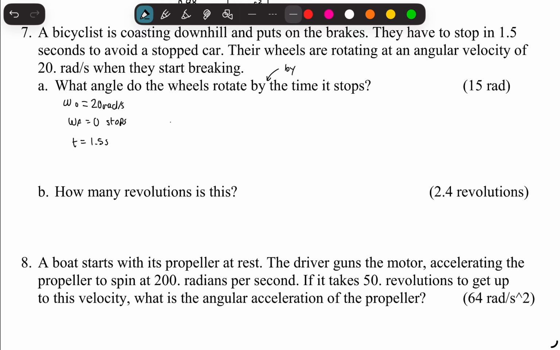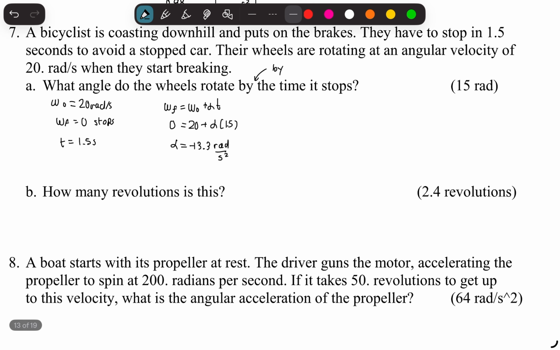So we're going to use omega f is equal to omega initial plus angular acceleration times time. 0 is equal to 20 plus our angular acceleration times 1.5. So angular acceleration is going to be equal to negative 13.3 rad per second squared.